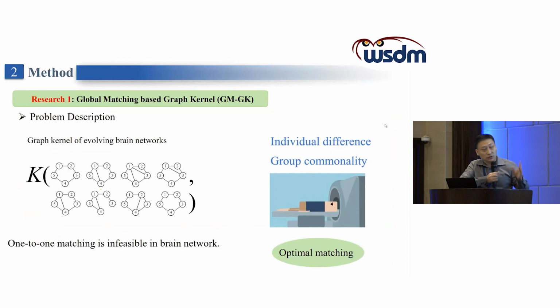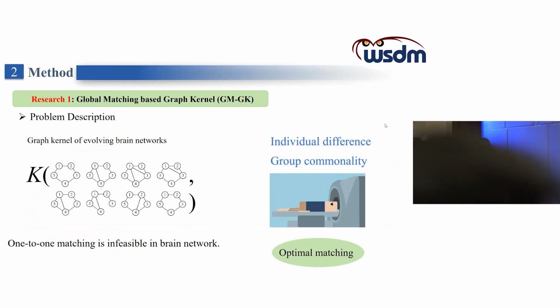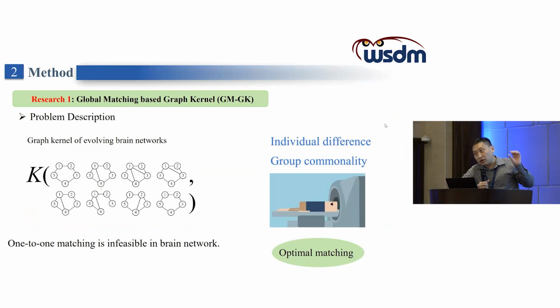Just now it was graph kernel for two static graphs. Now we come to the graph kernel of evolving brain networks. Instead of comparing one to one, now we are comparing a set of 4 snapshots to another set of 4 snapshots.